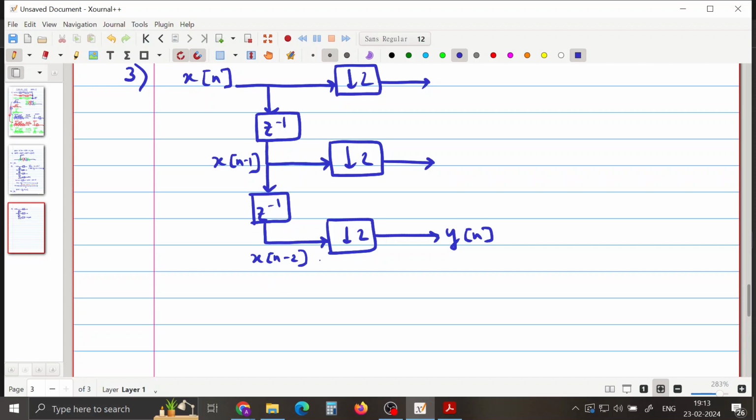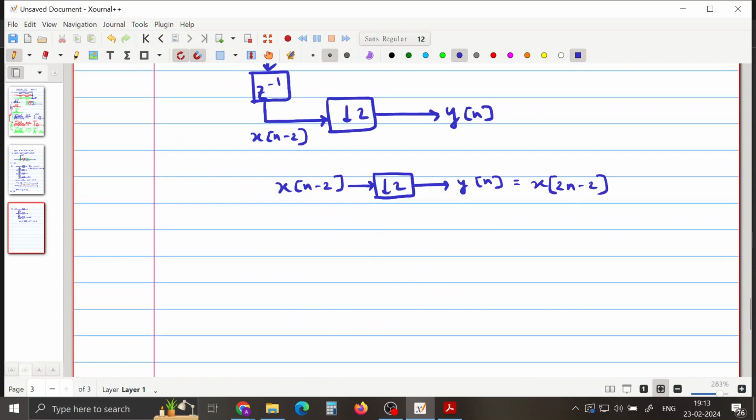And overall, x of n minus 2 is passed through a downsampling block of factor 2 to give me y of n. So that will basically be x of 2n minus 2.